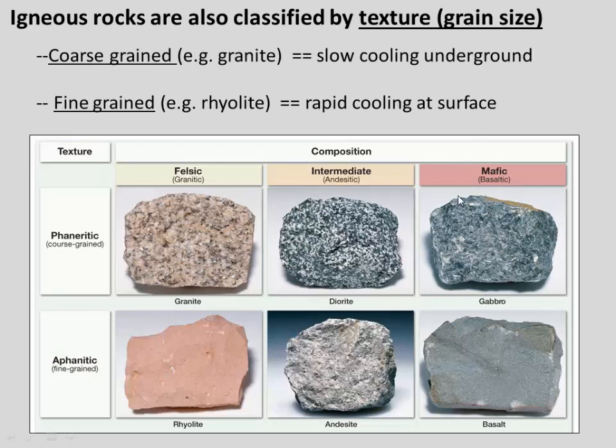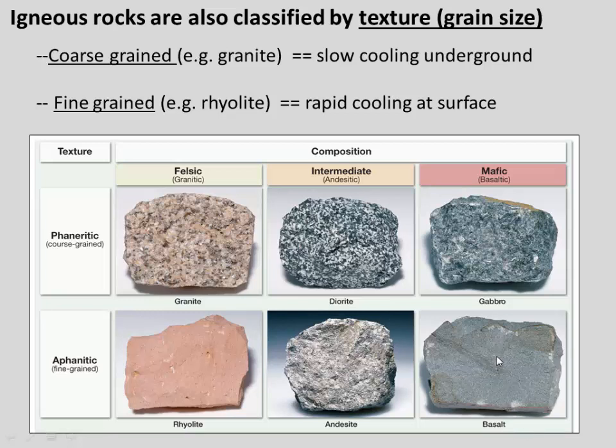Now, the other characteristic that you can use to classify rocks is texture or grain size. And so here's the same slide I just showed you with the granite and the gabbro. But now take a look. Here is the fine-grained equivalent of a granite. It's called a rhyolite. And here's the fine-grained equivalent of a gabbro, which is called a basalt.